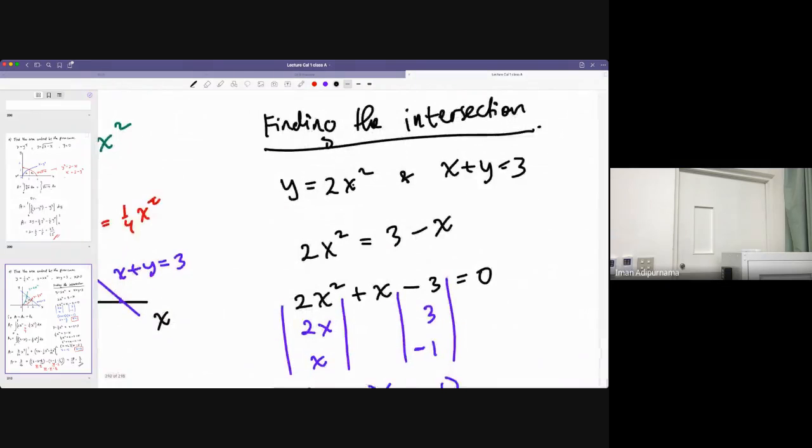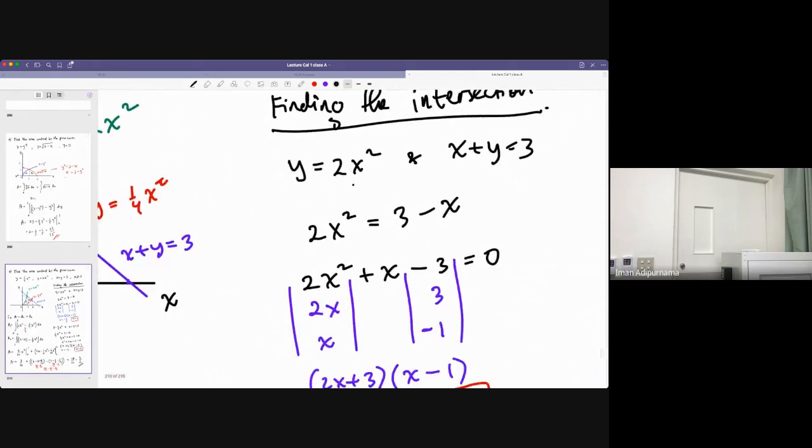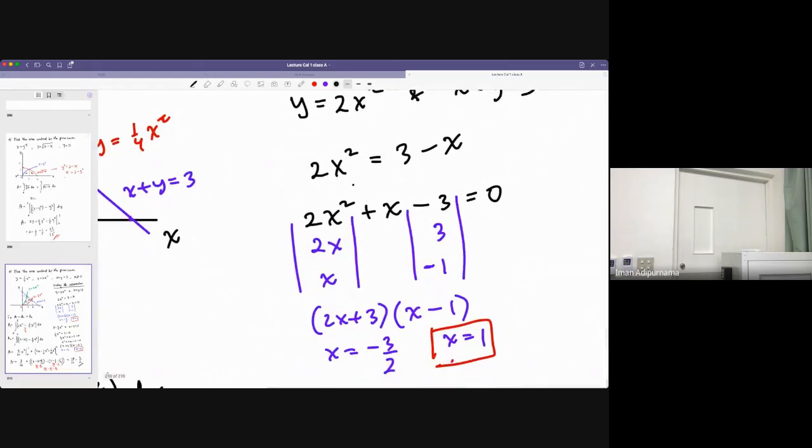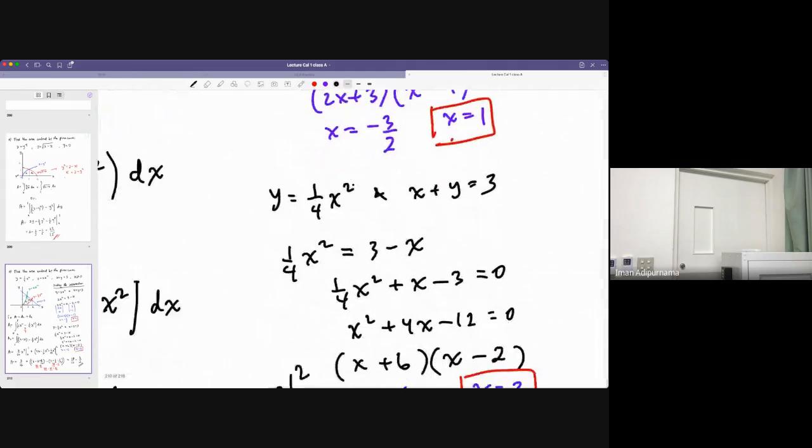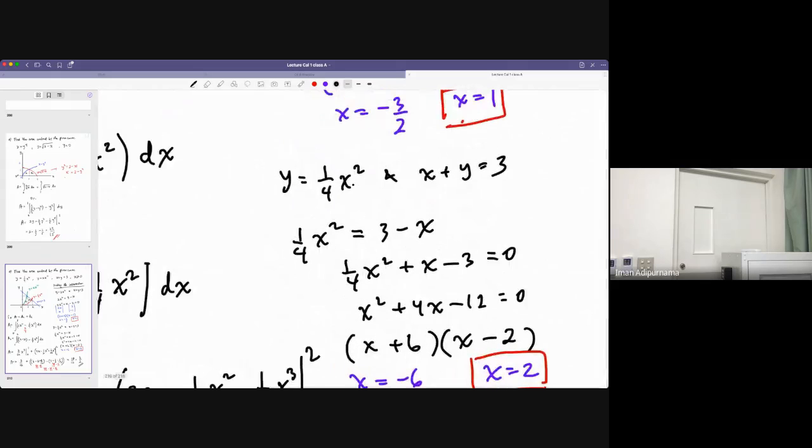So finding the intersection. So we get the x equal 1 because we don't need the negative one. It's outside of the range. So x equal 1. And then the other intersection is x equal 2. So 1 and 2.